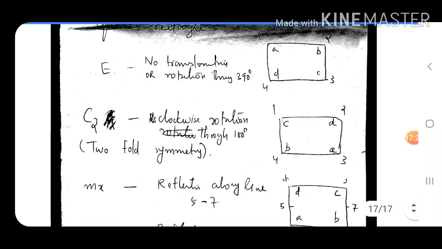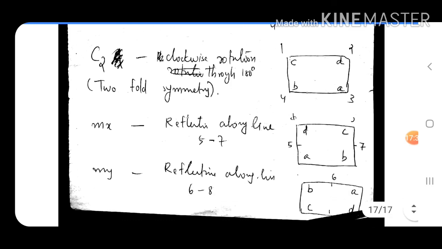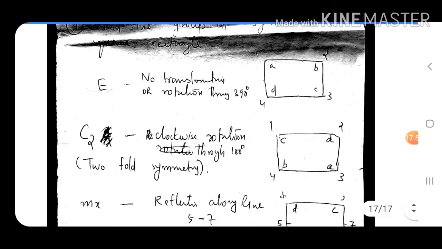How many elements are there in this symmetry group? We have 4 elements: E, C2, MX, MY. Only 4 elements for this rectangle. When it comes to a square we will have 8 transformations, but for a rectangle only 4.